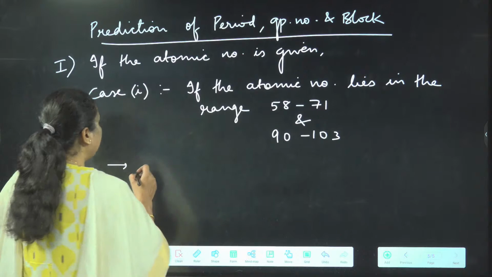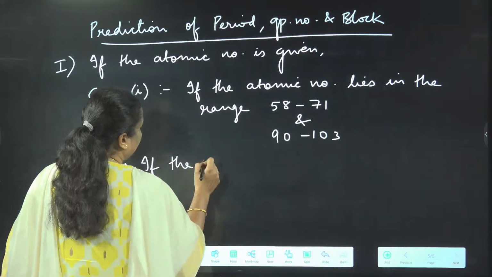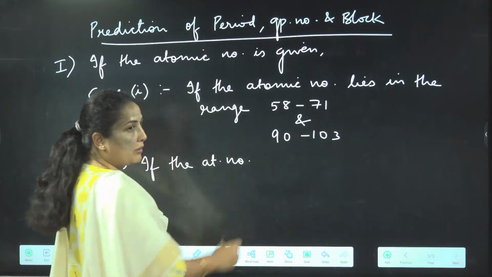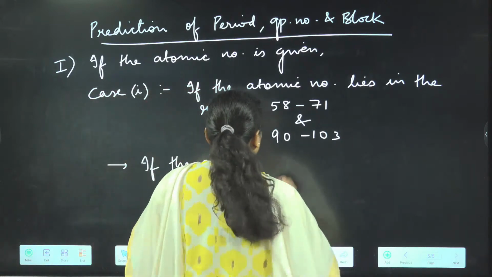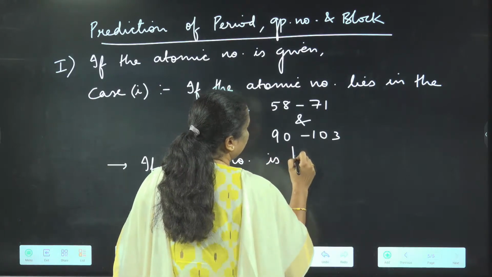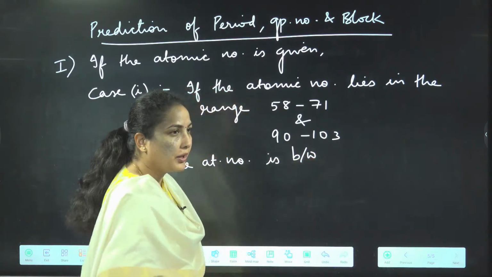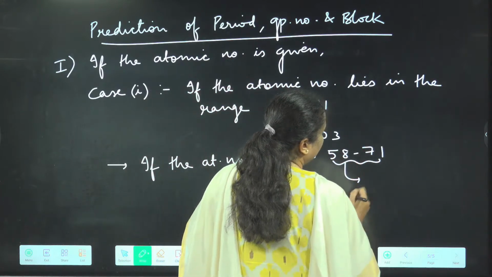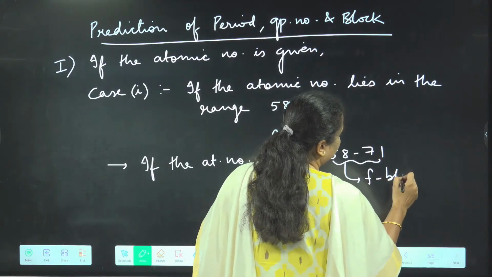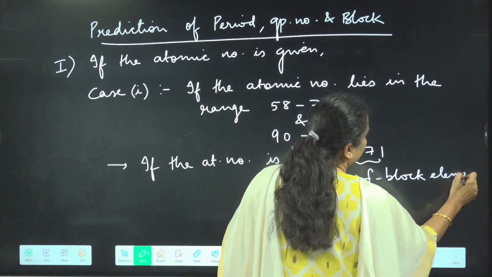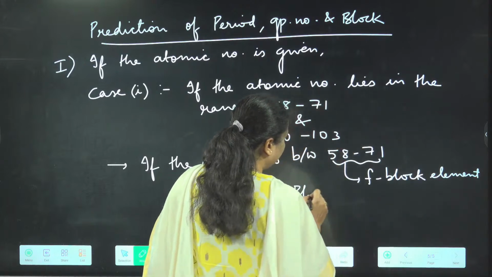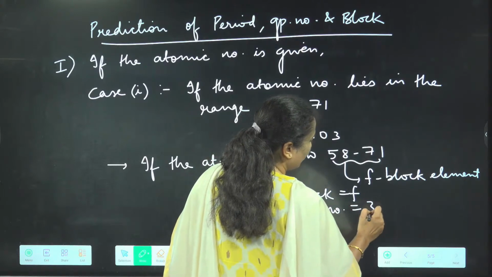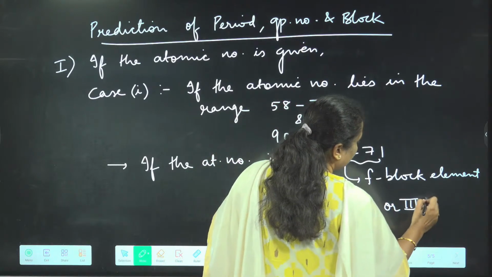So we write here, if the atomic number is between 58 to 71, first of all, I declare that as an F block element. That means I got the block. So I can write the block is F. If it is F block, then the group number is fixed. It is going to be 3, or in this form, third B.